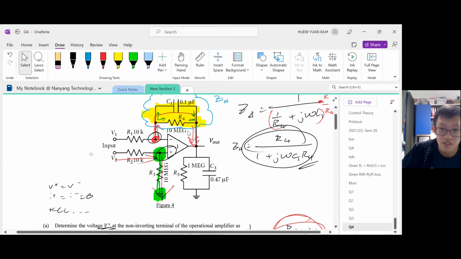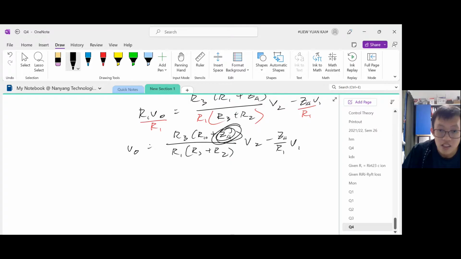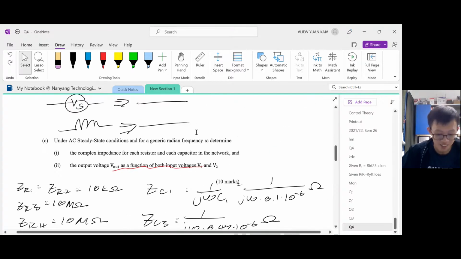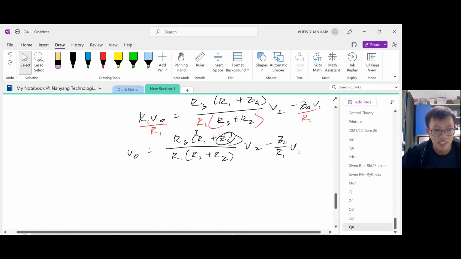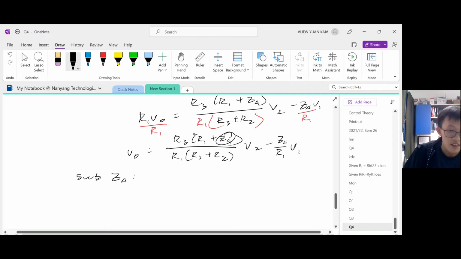Now what do we do? We need to substitute this into V out. So substitute this into here and here. Okay, a bit of a tedious job, but don't worry, it's actually pretty simple. So if you substitute that ZA, you'll finally get this. It's pretty ugly, but it's okay. Just leave it as it is.